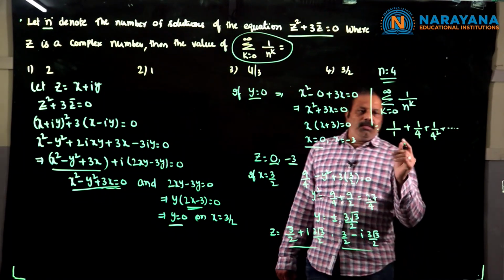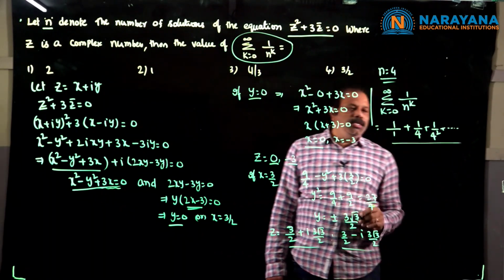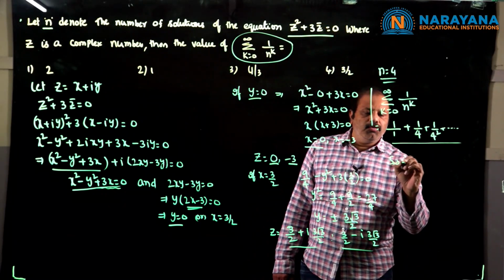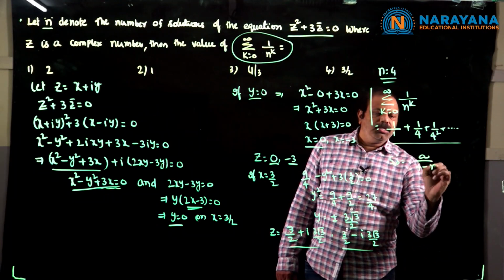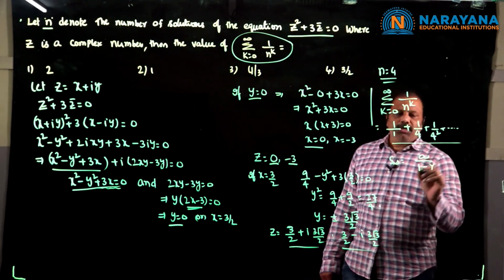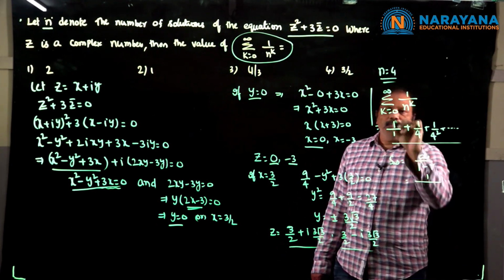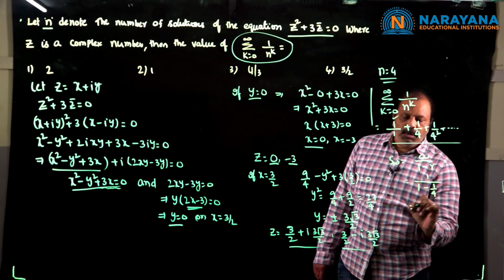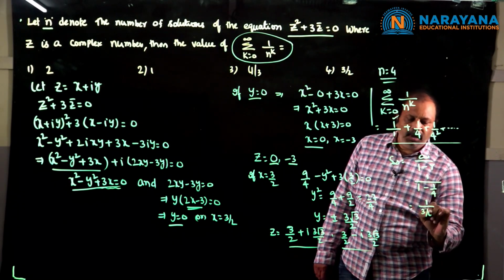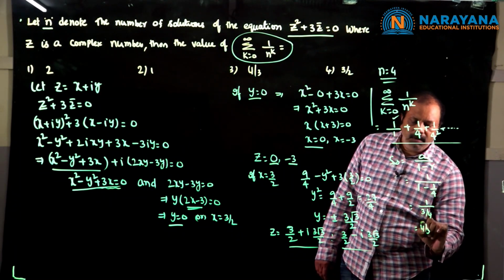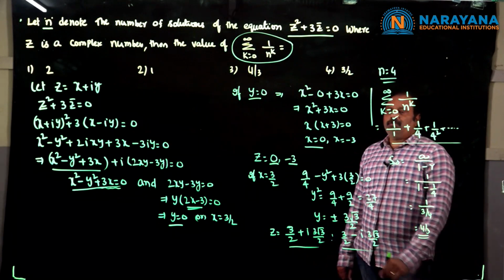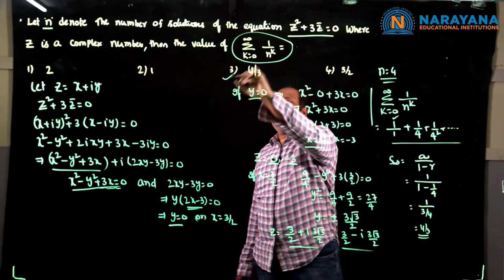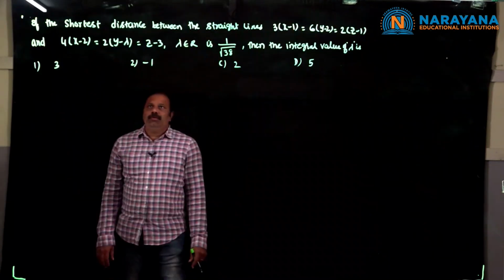Whenever the series is an infinite GP and r is less than 1, S infinity is equal to a by 1 minus r, where a is the first term and r is the common ratio. Here the first term is 1 and the common ratio is 1 by 4. 1 minus 1 by 4 is 3 by 4, so a by 1 minus r is 4 by 3. Therefore, S infinity is equal to 4 by 3. Hence, the third option is the correct option.